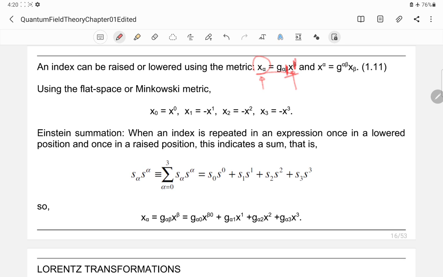And the other way around, when you want to make the quantity contravariant, then you can just multiply the contravariant metric with the covariant quantity, and this will just give you x alpha.